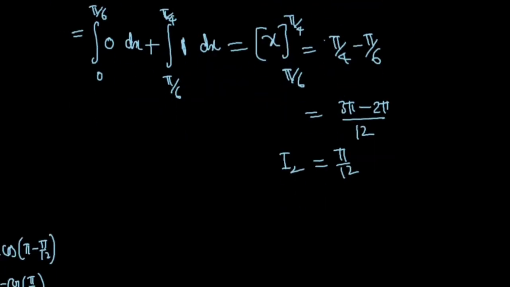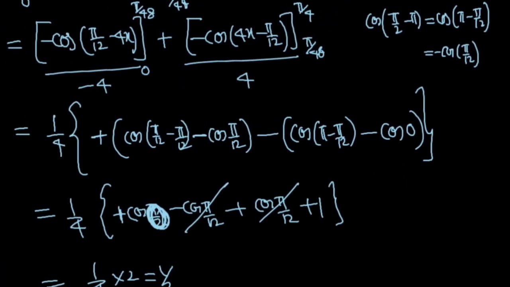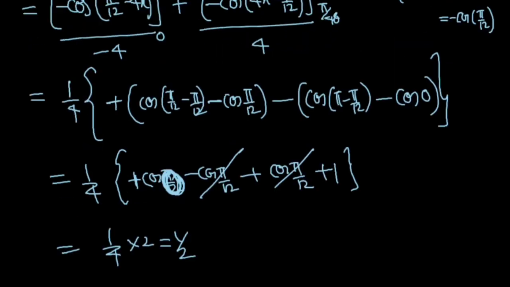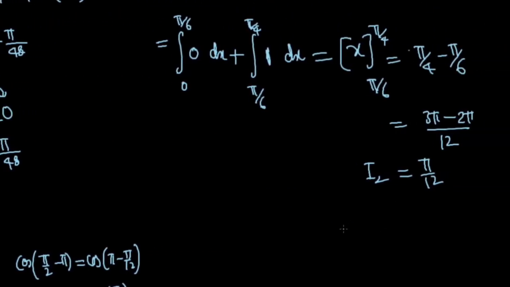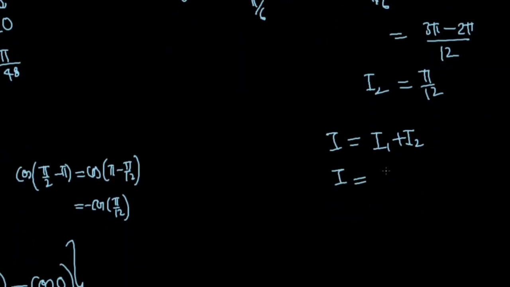So overall, I1 we are getting as 1 by 2, and I2 as pi by 12. So I is equal to I1 plus I2, which is 1 by 2 plus pi by 12.